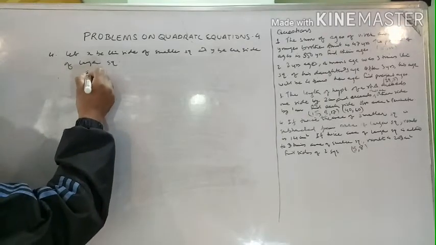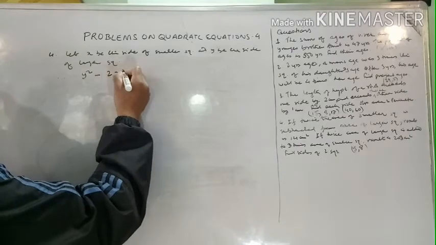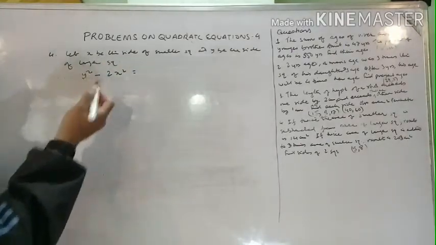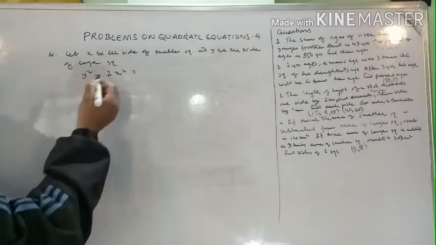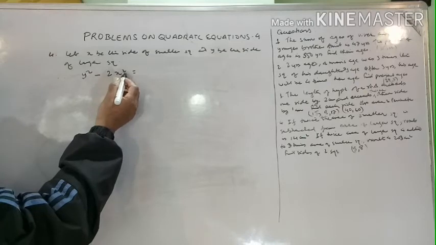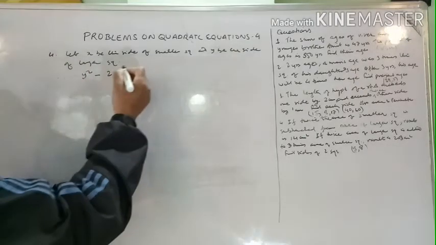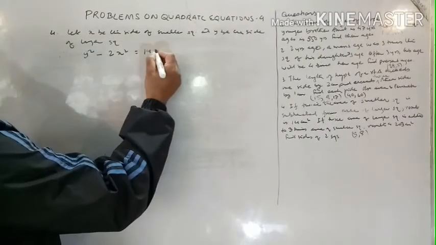So the area of larger square is y square, minus twice the area of smaller square. x square is the area of smaller square, y square is the area of larger square. And the result is how much? 14.